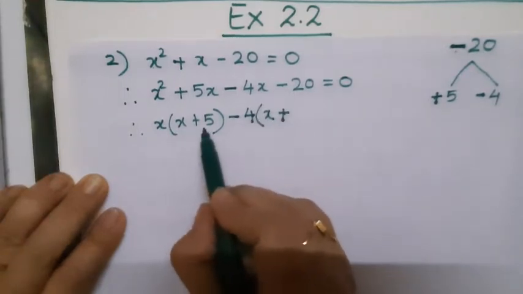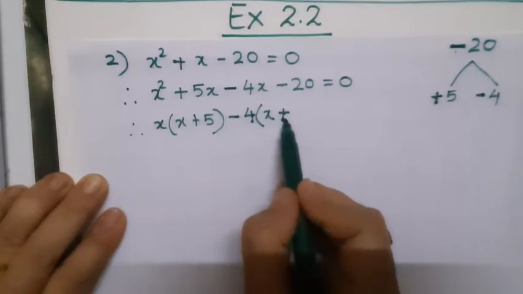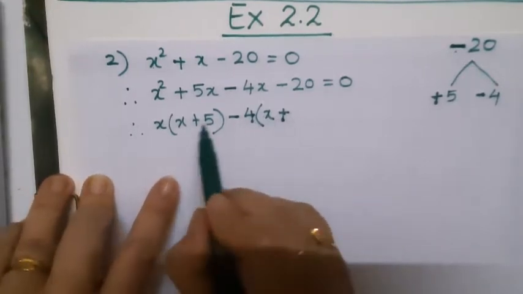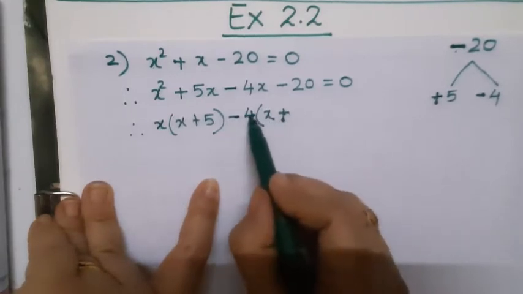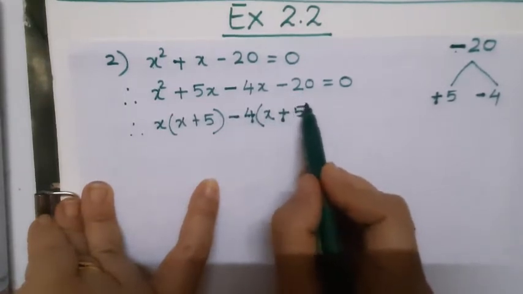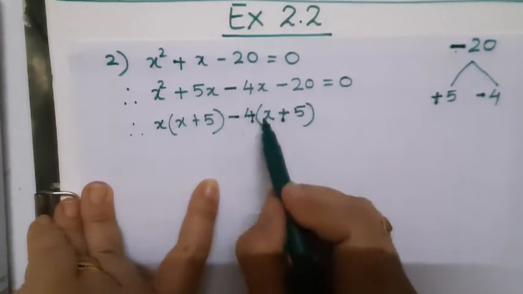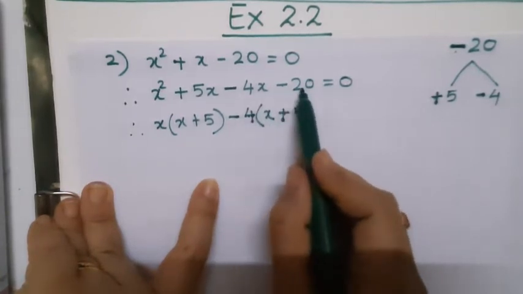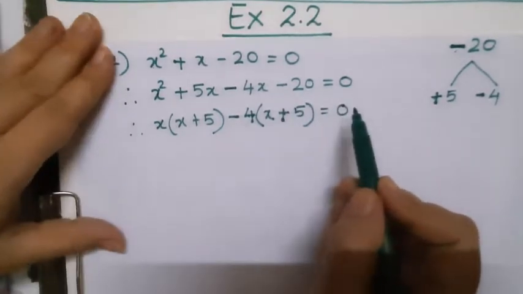And remember, what is the sign in the first bracket? Plus 5. So here also we must get the same terms as in the first bracket. So 4 what's are 20? 4 5s are 20. To cross check, you can check 4 into x is 4x and minus 4 into 5 is minus 20, is equal to 0.